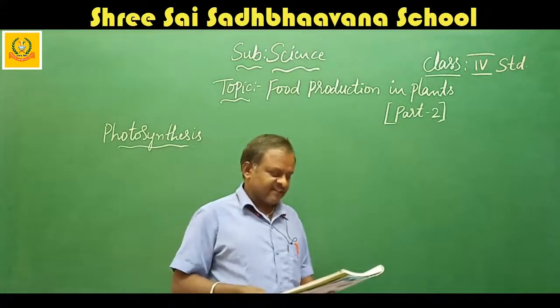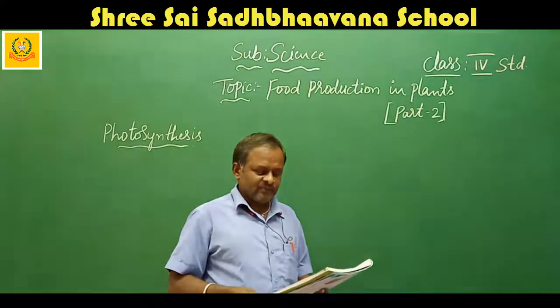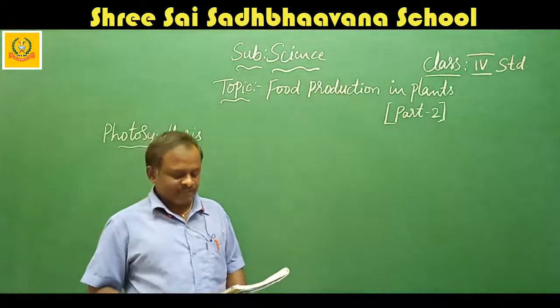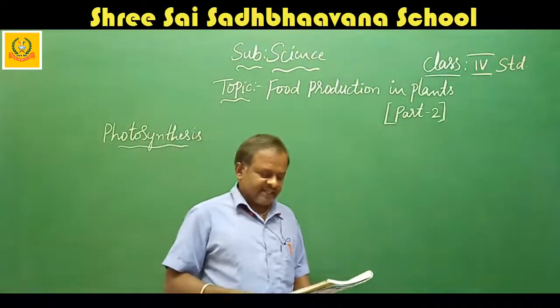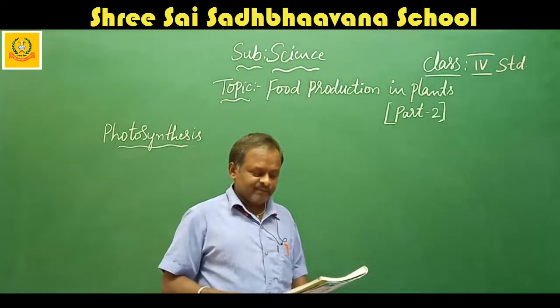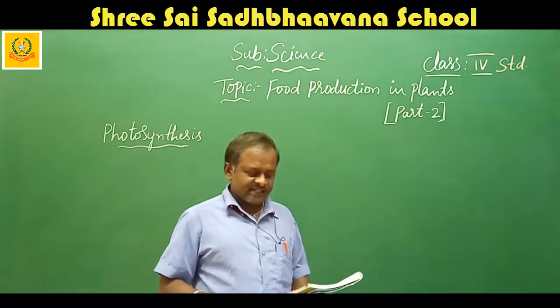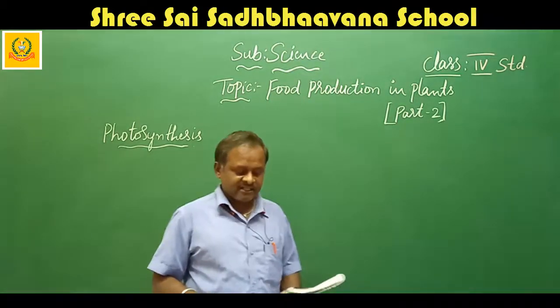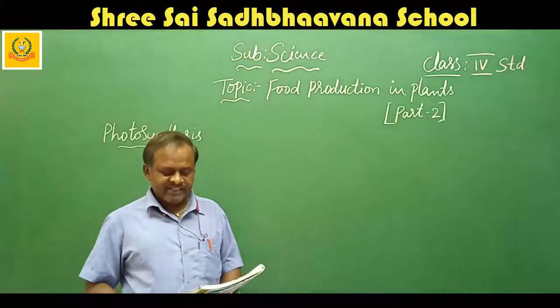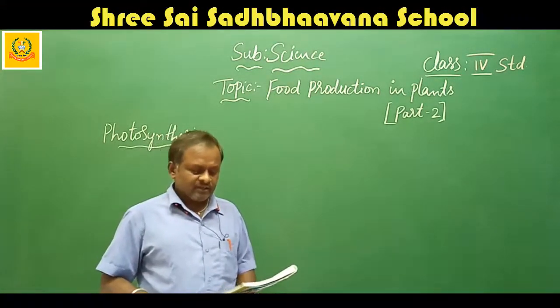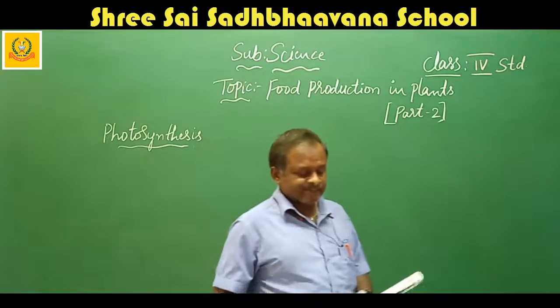Oxygen is necessary for survival and growth of animals and human beings on the earth. Plants store their extra food in leaves, stems, and roots. This stored extra food is known as starch. We use these parts as our food. So I will explain this much.